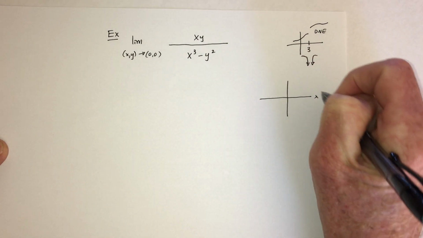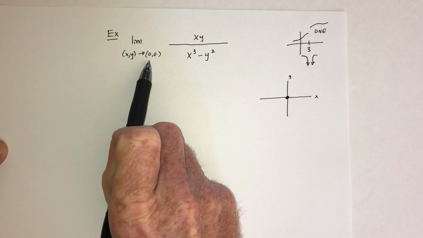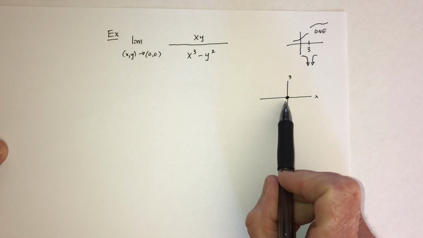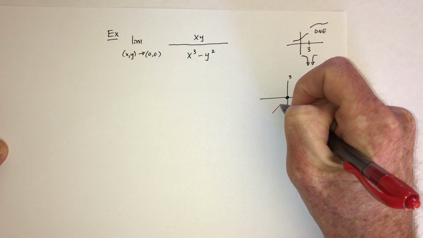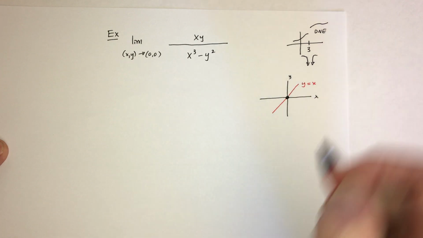So here's the xy axis, and we're supposed to be having it approach the origin. So what you do is you pick any graph from pre-calculus, any graph that goes through the origin. I'm just going to use an easy one, like the line y equals x. That goes through the origin.